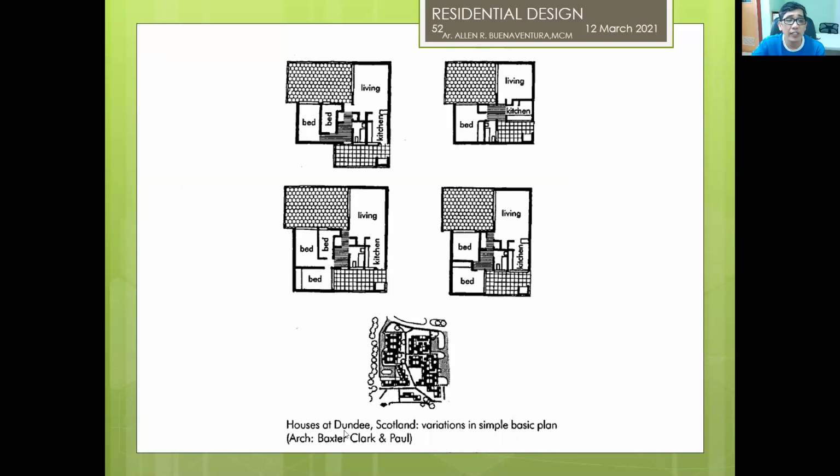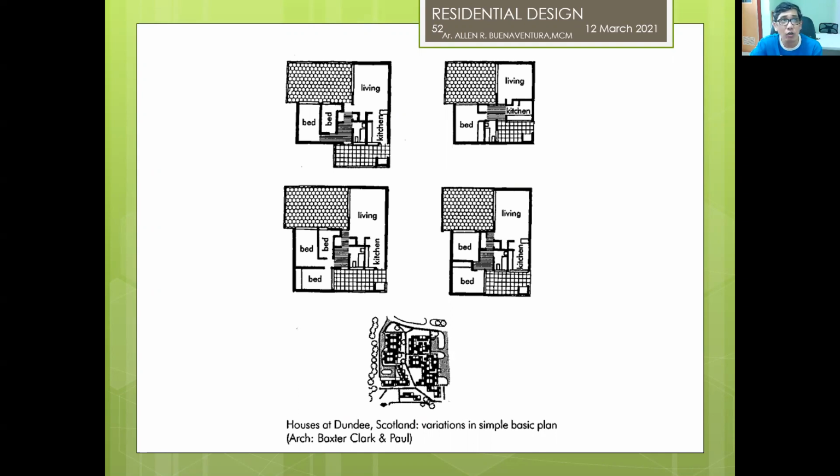So this is in Scotland, a variation of a simple basic plan. If you enter this building, this is the living room, and these are the two bedrooms, and this is a kitchen. So as you can see in the samples that I've shown on all the slides, different countries have different cultures and they have a specific way of planning their residences.